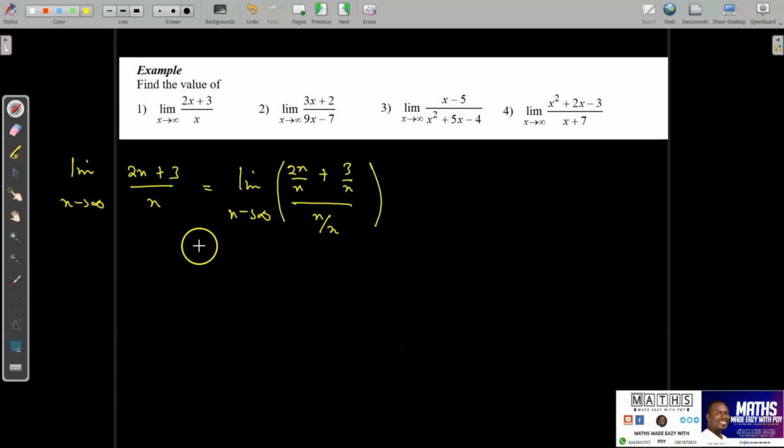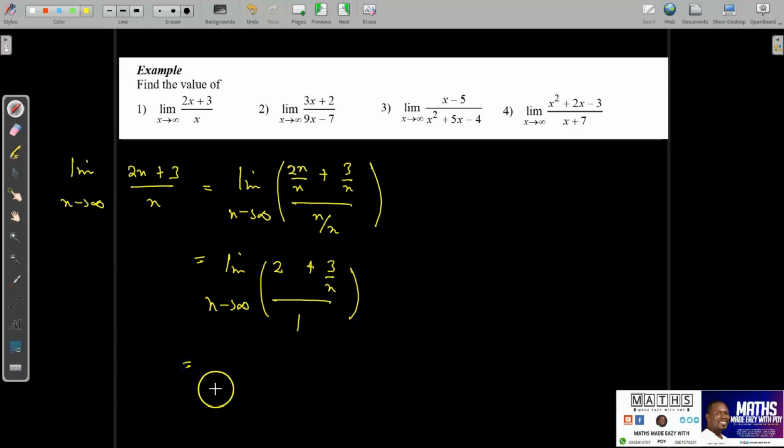Yes, please. So going further, we'll have the limit of 2, because this x will do away with the x here, plus 3 over x, all divided by 1 as x approaches infinity. Are you all with me?